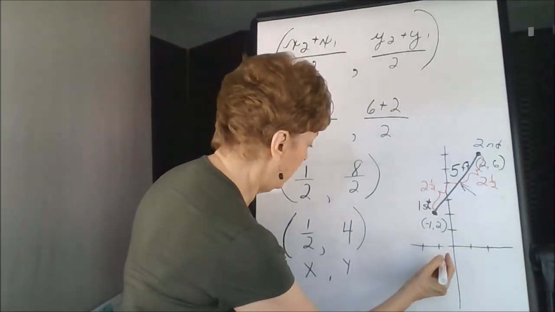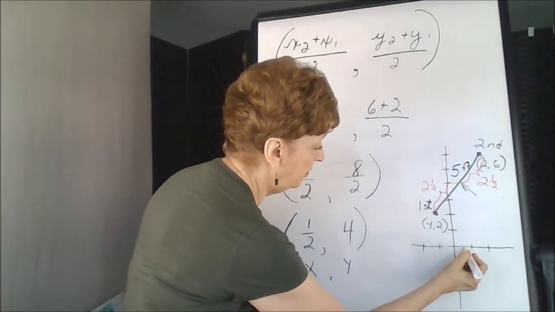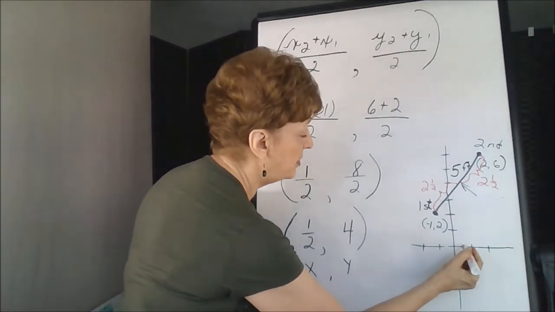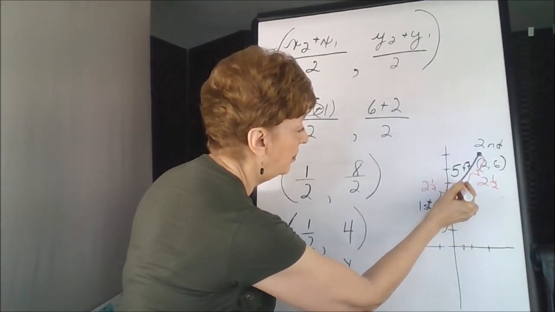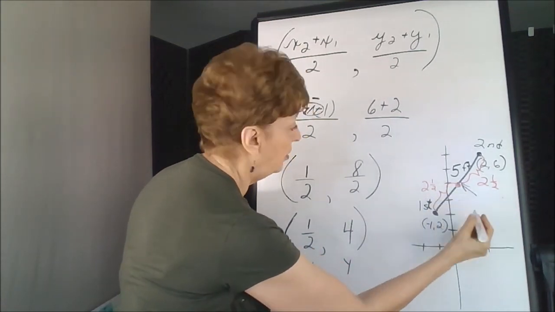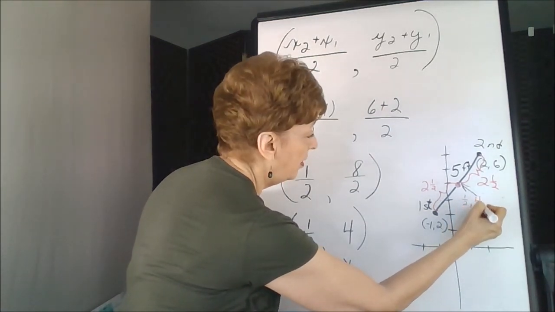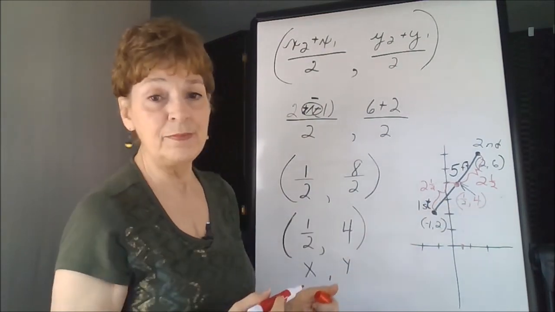We're going to take our 1/2 value over here and move up 4. So it's 1, 2, 3, and 4. That was the halfway mark. And that value is 1/2, 4. That's the address, if you will, of the midpoint.